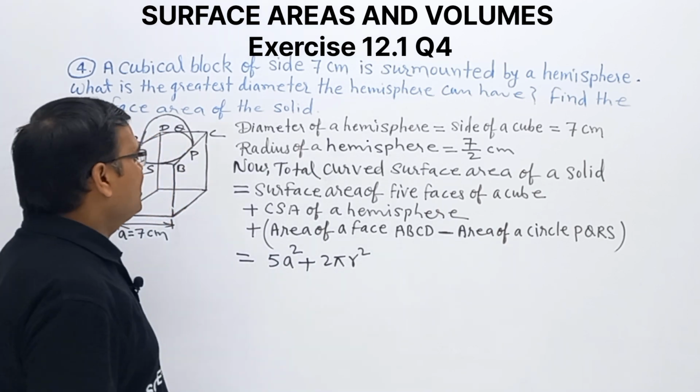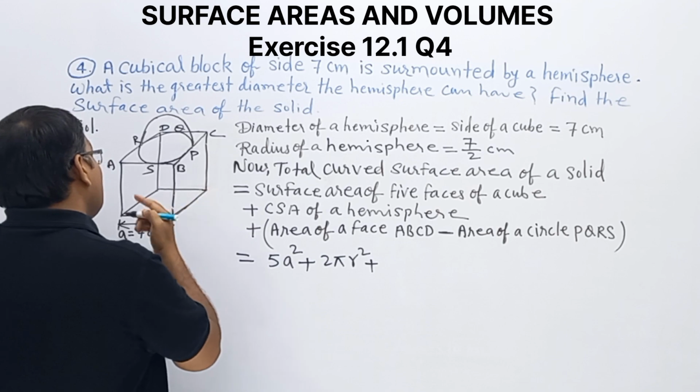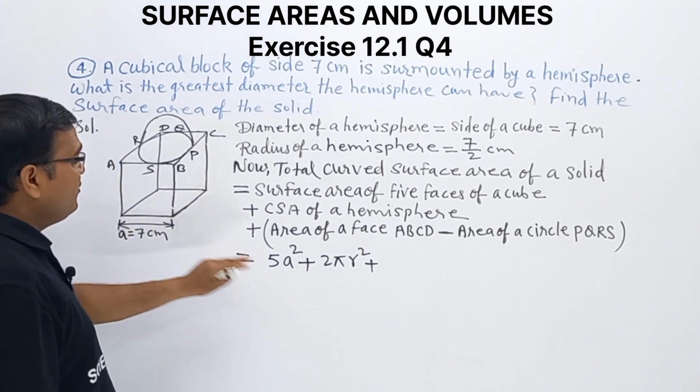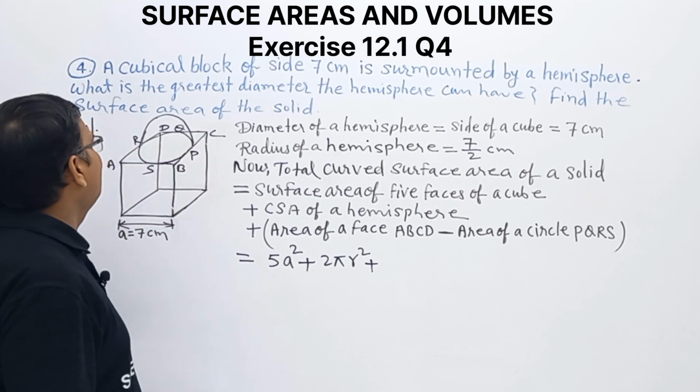Next, in the cube we have 6 faces, but 5 we have included, so 1 is remaining.